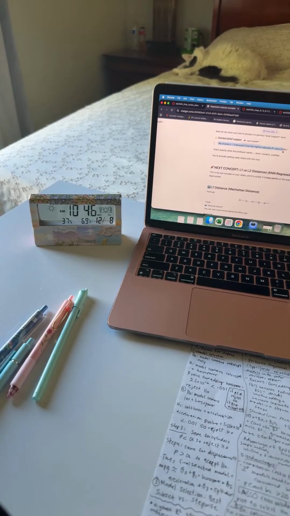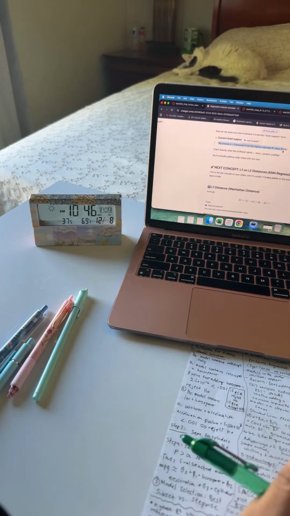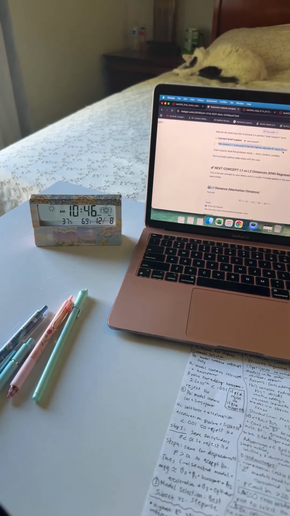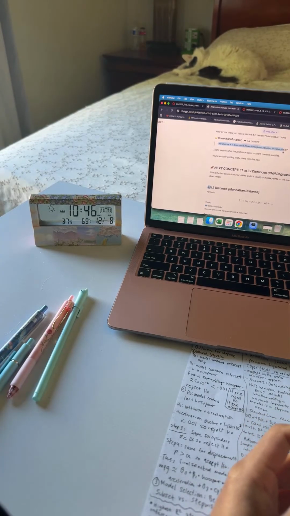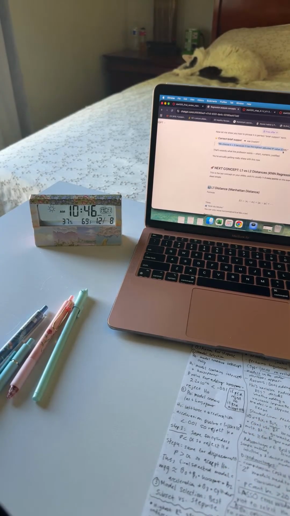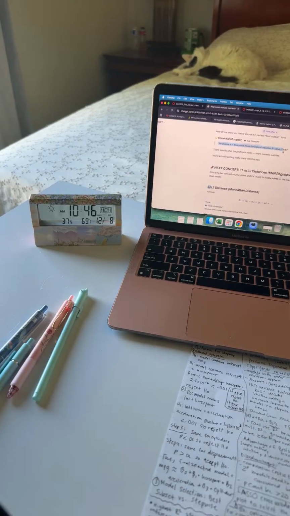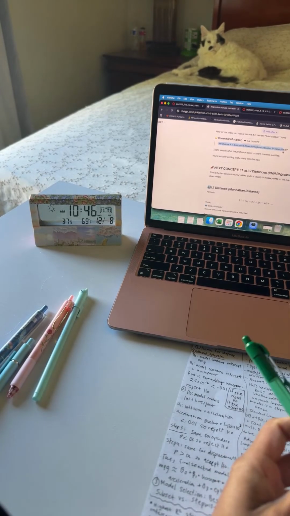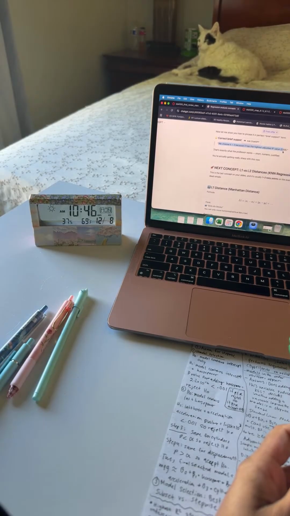Brief support example: we choose k equals 3 because it has the highest adjusted R squared at 0.68.